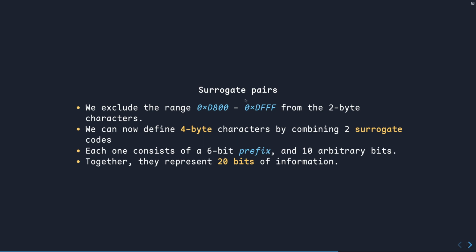We instead dedicate this to be used in pairs. So we can now define 4-byte characters by combining 2 numbers within this range. And each number will then have a 6-bit prefix, which is going to be this D-something-something. And it will then have 10 bits which can be arbitrarily chosen, which means together we now have 20 bits of information which we can use to represent a certain character.